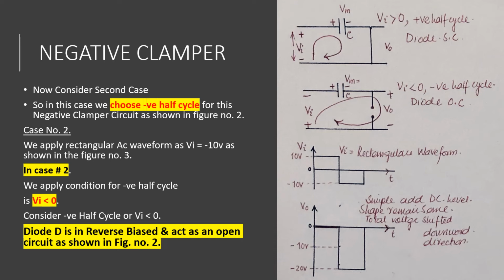because we have already discussed in our previous slides on clippers and clampers that if the polarity is opposite with respect to the anode and cathode, the diode will be reverse biased and acts as an open circuit, which is clearly shown in figure number 2.